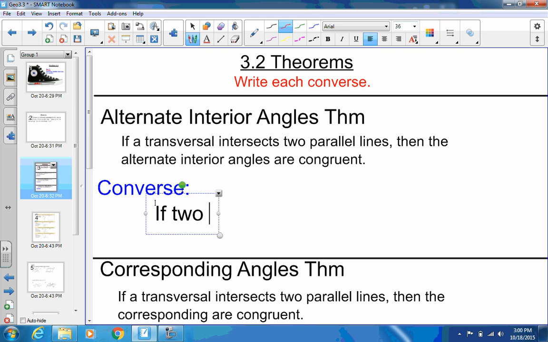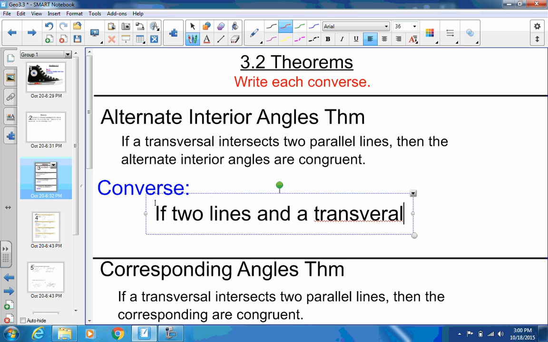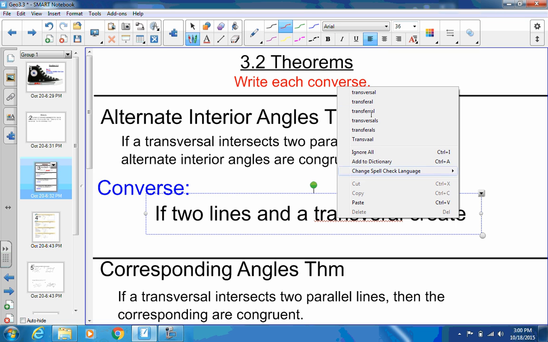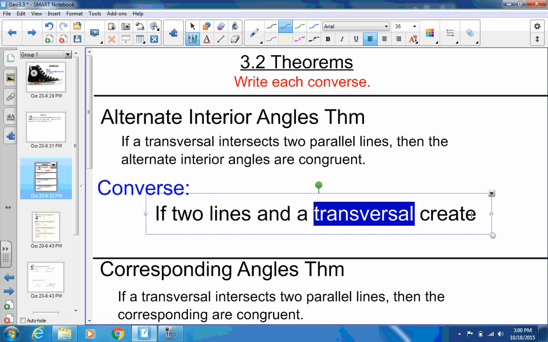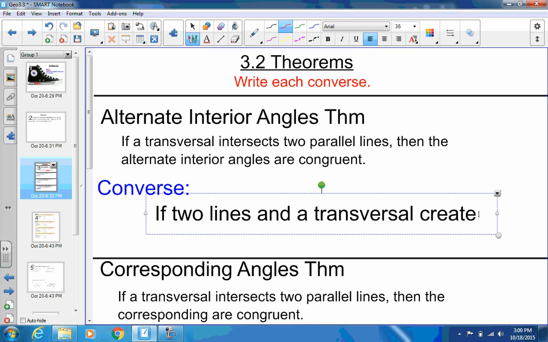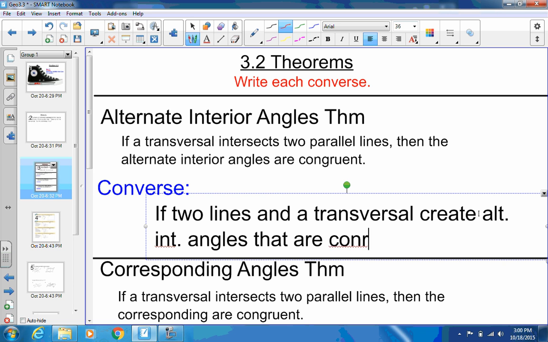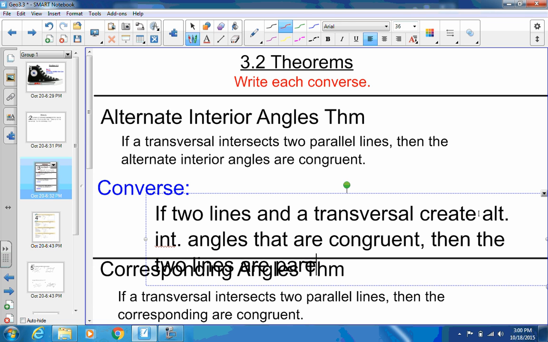if two lines and a transversal create congruent alternate interior angles, or alternate interior angles that are congruent, then the two lines are parallel.